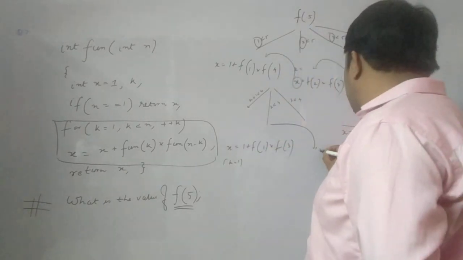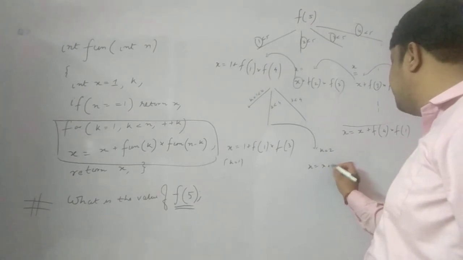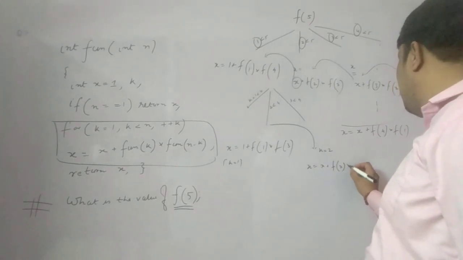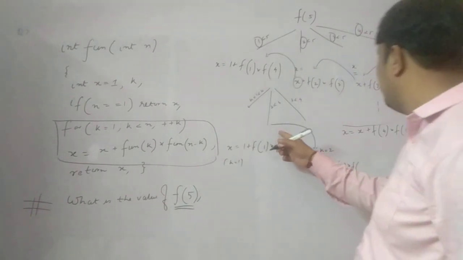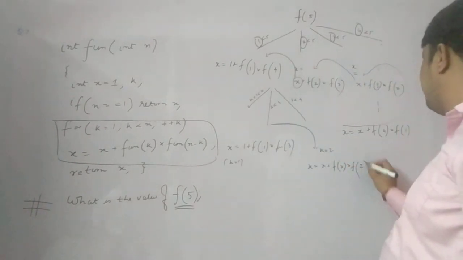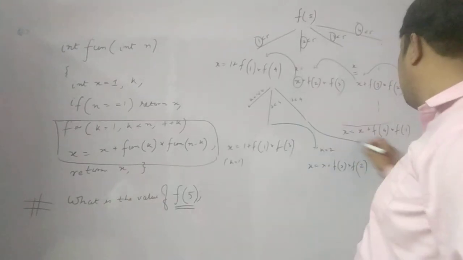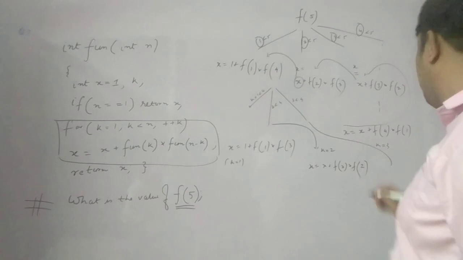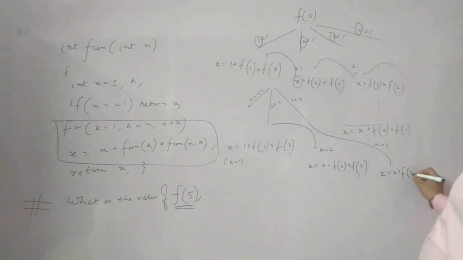Similarly, when k is equal to 2, then x is equal to x plus function 2 multiplied by 4 minus 2. n is 4, and 4 minus 2 is 2. Done. Now similarly, when k is 3, x is equal to x plus function 3 multiplied by function 1.